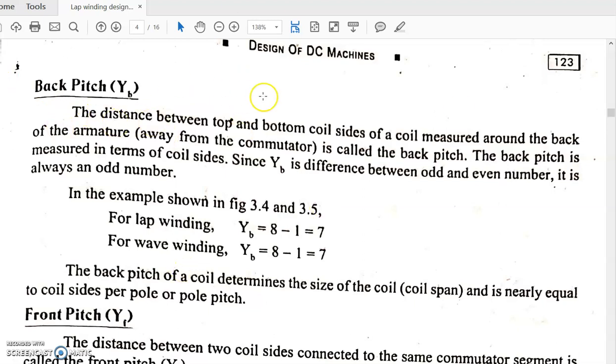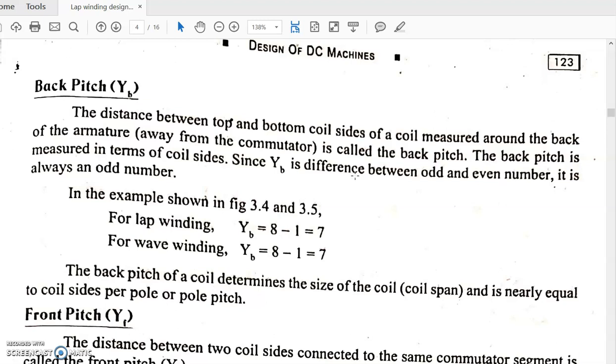The first one is the back pitch, YB. It is the distance between top and bottom coil side of a coil. So we will be solving a problem later, calculating the back pitch for lap winding and wave winding in terms of the number of slots. It is the difference between odd and even number, because in armature winding the top coil sides and bottom coil sides will be numbered in odd and even numbers.